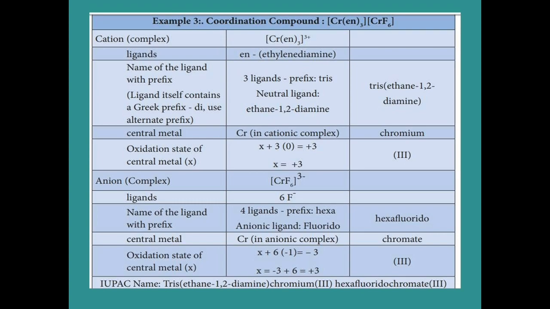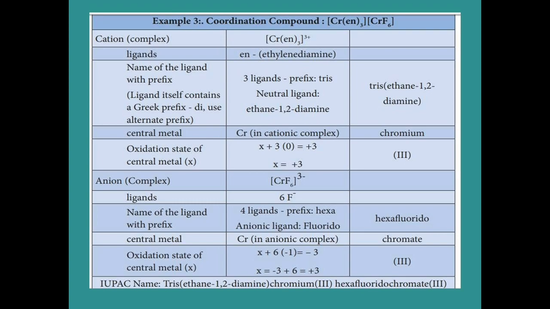Now we are going to see the IUPAC name. First the cationic complex: first mention the ligand. What is the ligand in the cationic complex? Tris(ethane-1,2-diamine). Along with the ligand, chromium is present, so chromium as it is we write with Roman numeral 3, because it is the oxidation state of that chromium. Next the anionic complex. First of all, write the ligand.